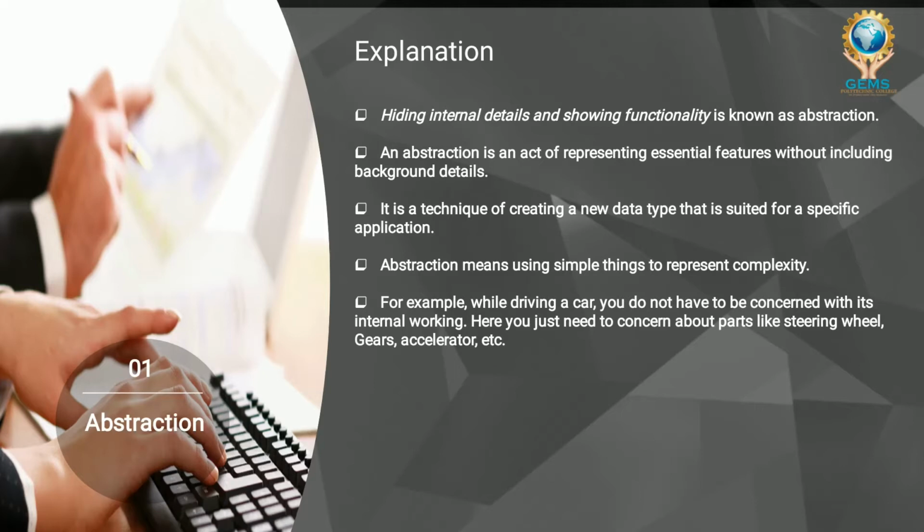If you know how to drive, then you will enjoy, because you are getting excitement while driving the car, but we will not bother about the functioning of the car. That is called abstraction. Just represent the simple things instead of complexity. It will show the external things, hiding the internal details.